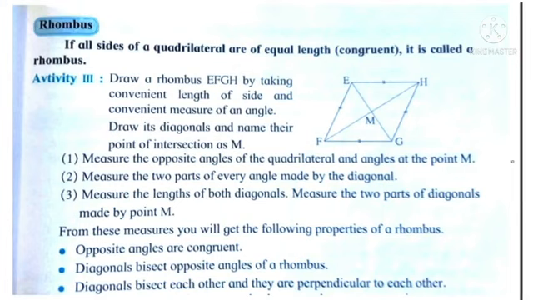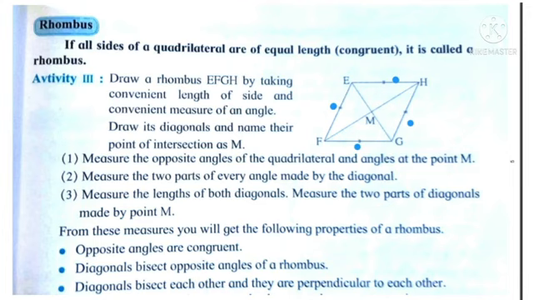Next one we will see. Next type of quadrilateral is rhombus. What is the definition of rhombus? If all sides of a quadrilateral are congruent, then we say that it is rhombus. So what are the properties of rhombus? First property of rhombus is all sides are congruent.